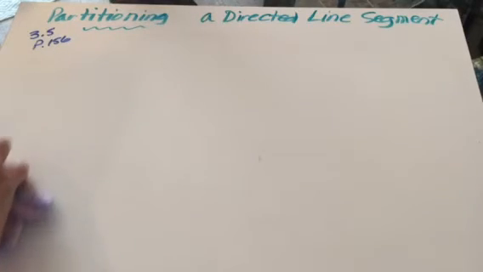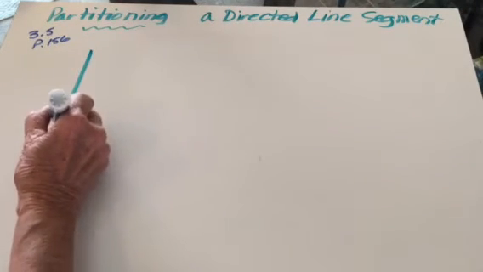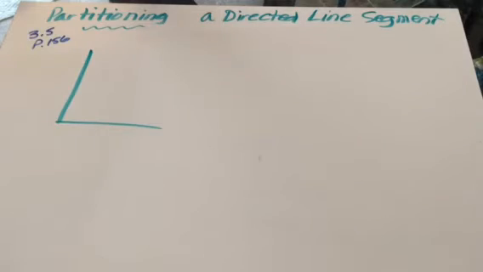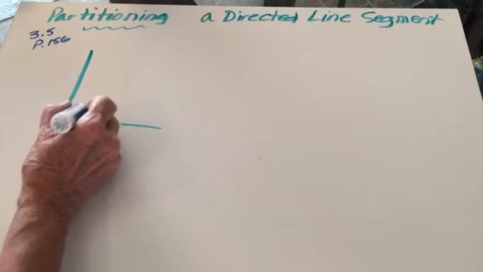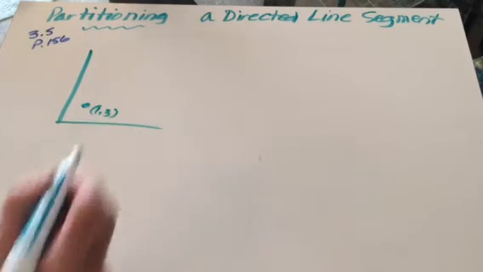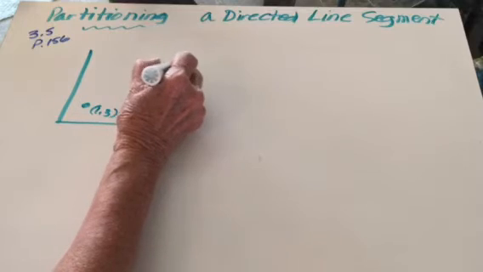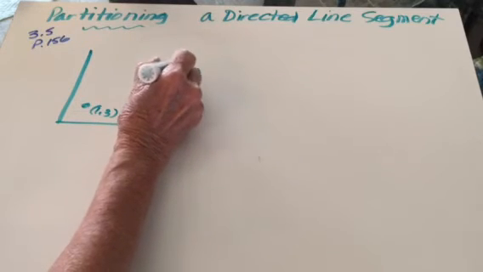If you're not understanding it, you need to come up and talk to me. Let's start with: we're going to go over 1 and up 3. So that's (1, 3). And we're going to go over to 8 and up 4, (8, 4).